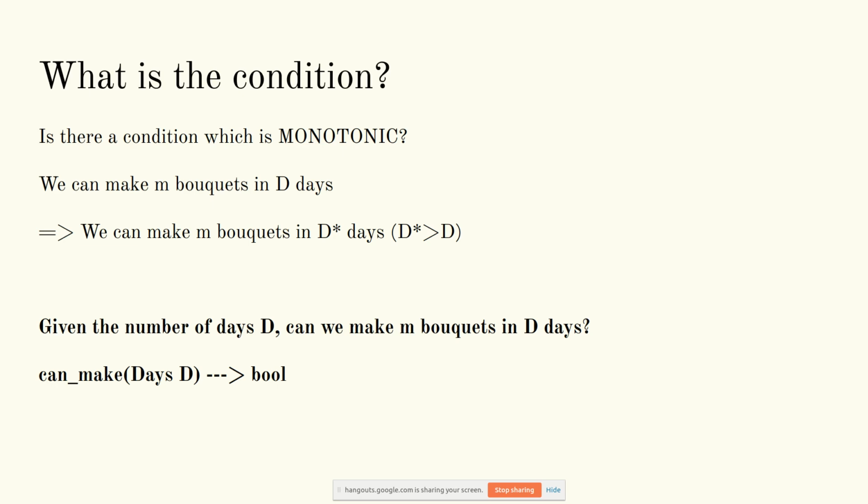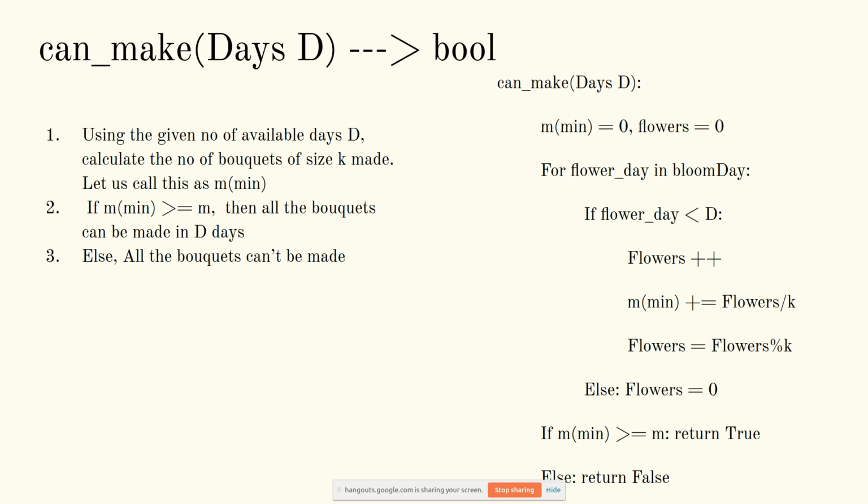So by having this statement, we can formulate our condition. Given the number of days D, can we make M bouquets of size K in D days? Our condition is ready, and we name it canMake, with input days D, and it returns a boolean value which says whether we can make it or not. Given the number of days D, the first step is we calculate the number of bouquets of size K that will be able to be made.